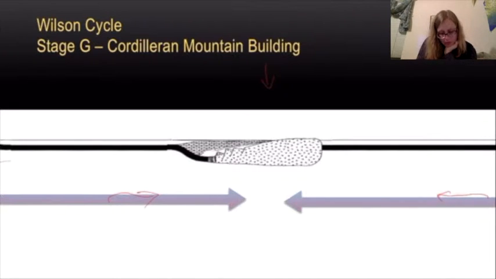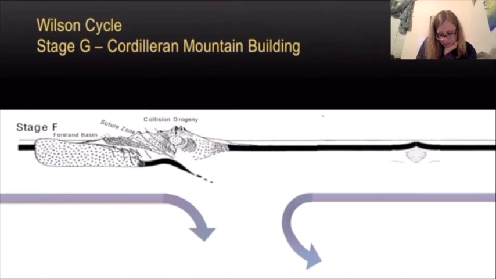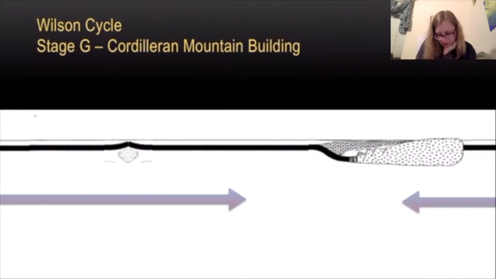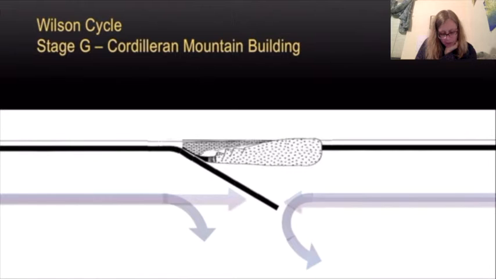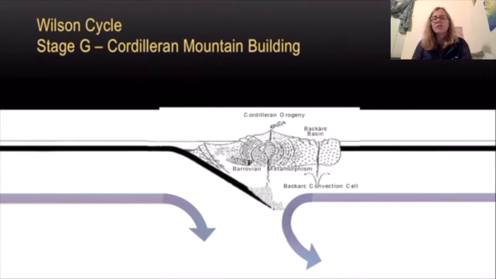I'm going to have to exit out of this a couple times so that I can lose my markings. So, old piece of continent right here, and these two opposing convection cycles can't continue to push against each other, so there's going to be stress in the ocean crust again, and it's going to break. This time, instead of the ocean crust subducting underneath ocean crust, it's subducting underneath the continental crust.